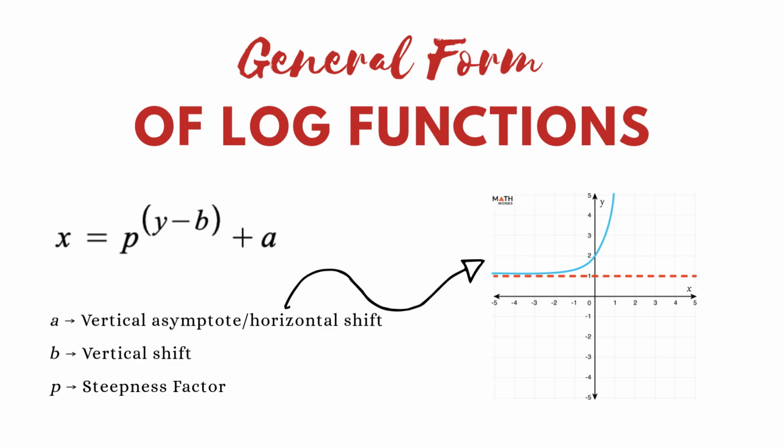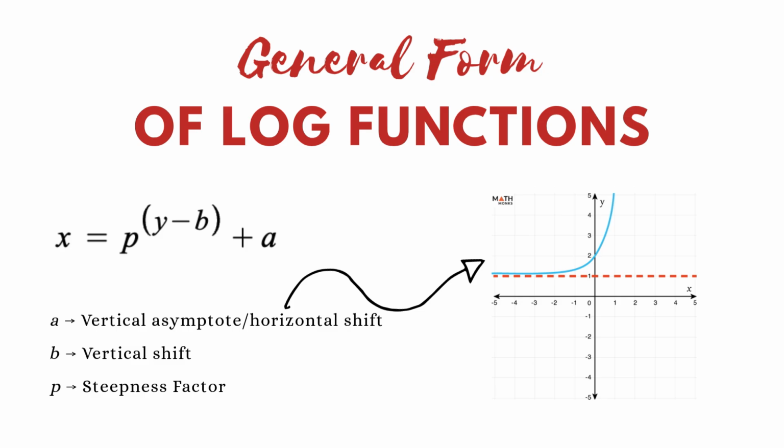The a also controls the horizontal shift. Then we have our b, which is our vertical shift. This controls how high up or how far down our log function is. And then our p controls our steepness, or our scale factor, really: how stretched out our logarithmic function is or how narrow it is.